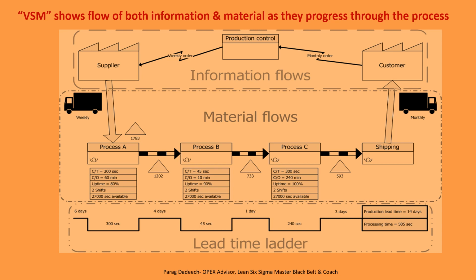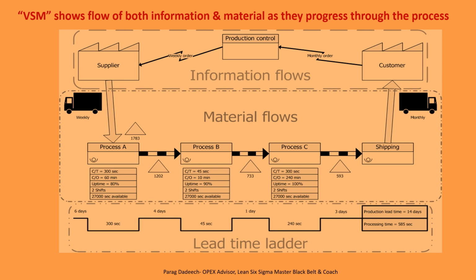Also various critical process information such as the cycle time, which is the time to process one unit of the product, the changeover time or the setup time, which is the time to change from one product to another, the uptime percentage, which is actually how much time you are operating, is also shown here.